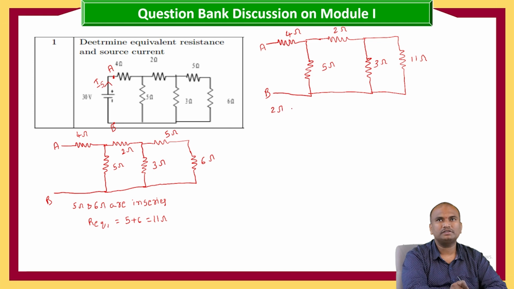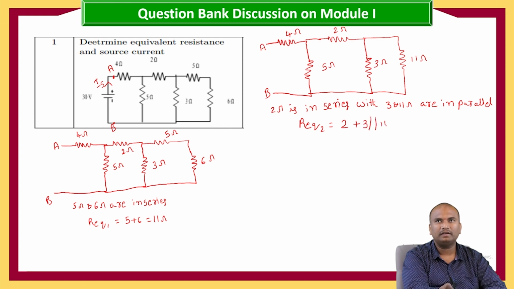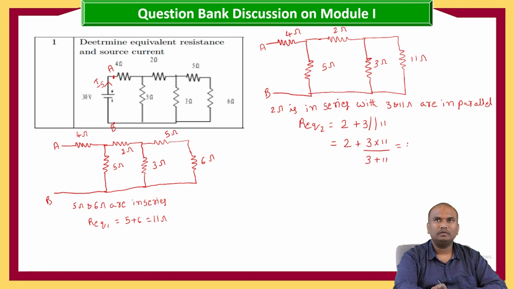So R equivalent 2, I am writing in 2 steps: R equivalent 2 is equal to 2 plus 3 in parallel with 11, that is 2 plus 3 into 11 by 3 plus 11, which is 4.357 ohms.